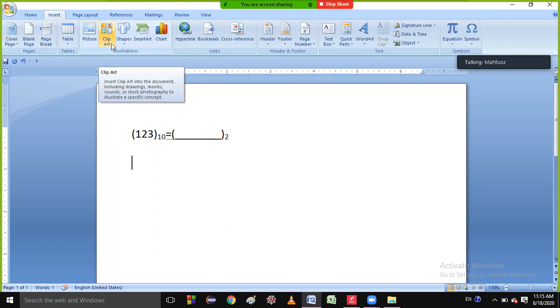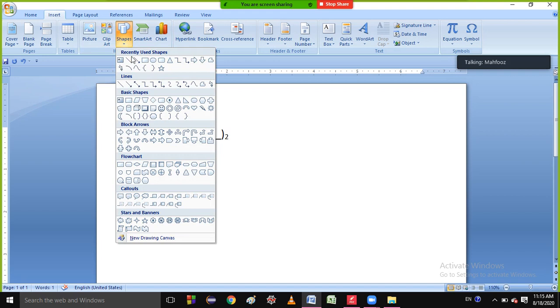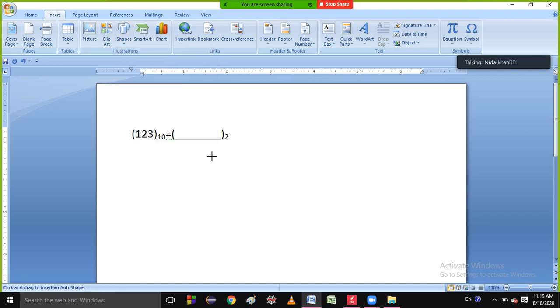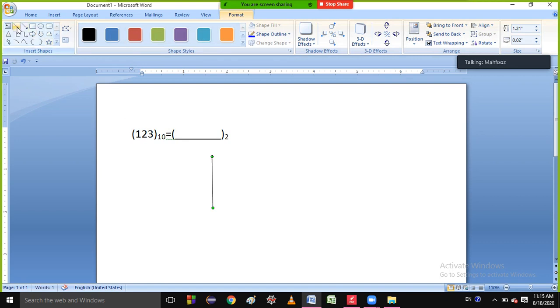Okay, wait. Students, let me draw some figures for you so that you can understand each and every point, because you are small students, so I need to give a complete explanation.